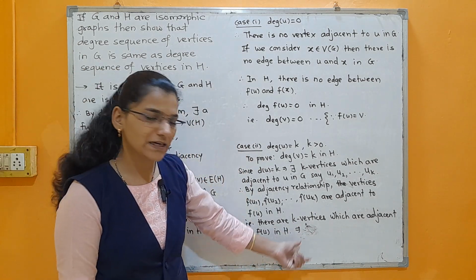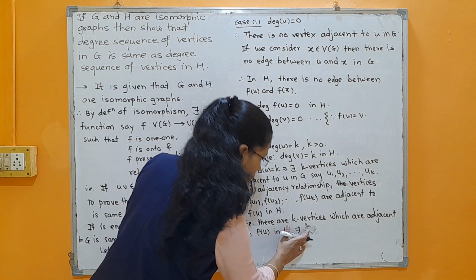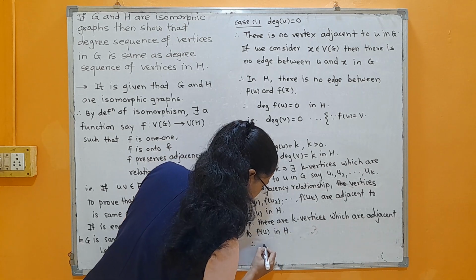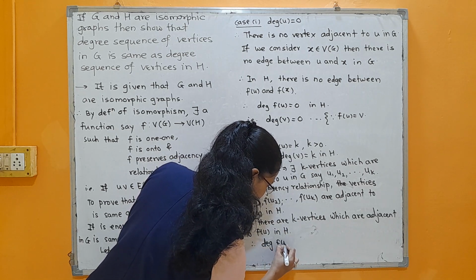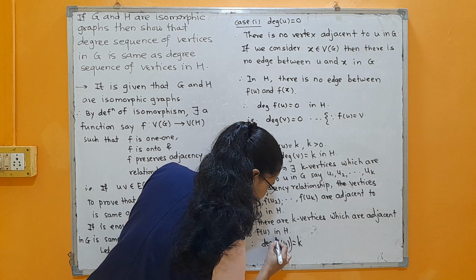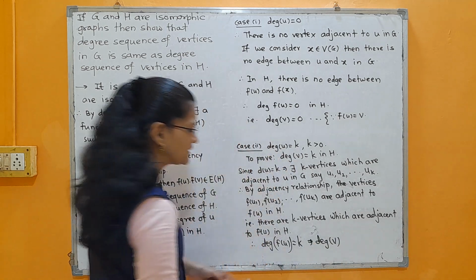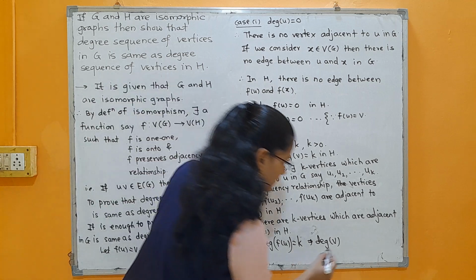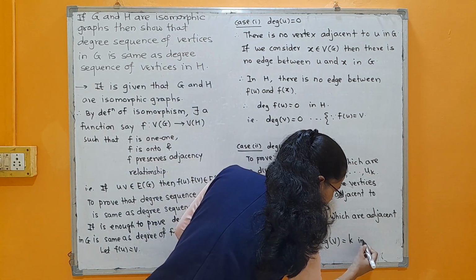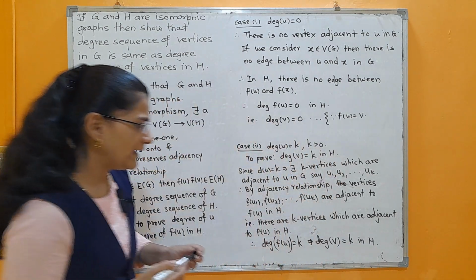There are K vertices which are adjacent to f of U. That means degree of f of U is K. And what is f of U? f of U is nothing but V. So that implies degree of V is equal to K in graph H.